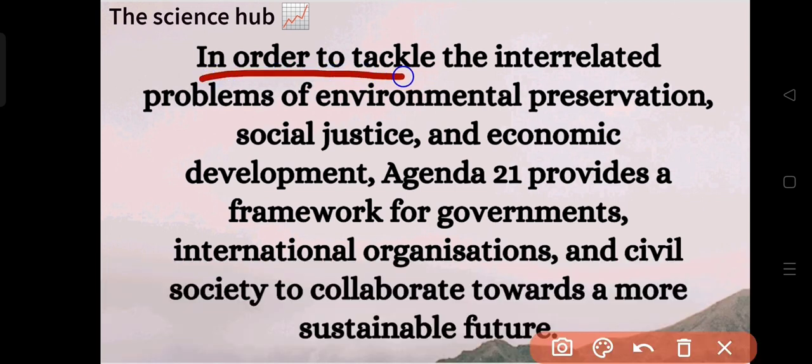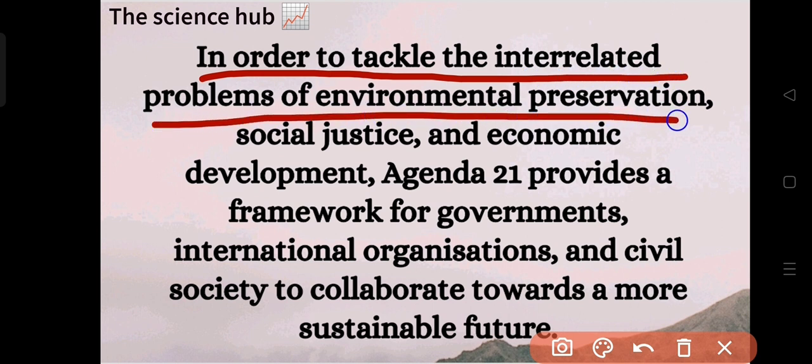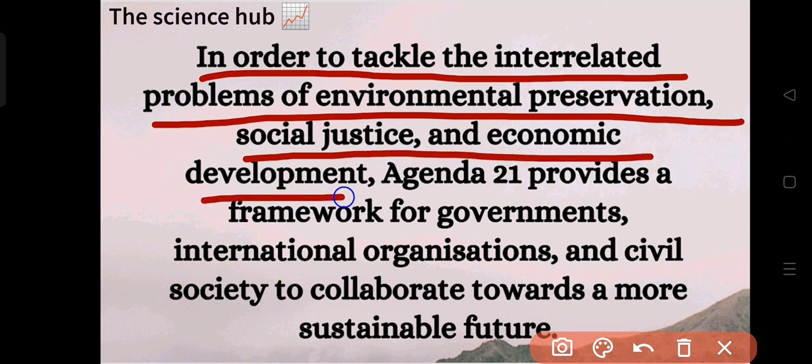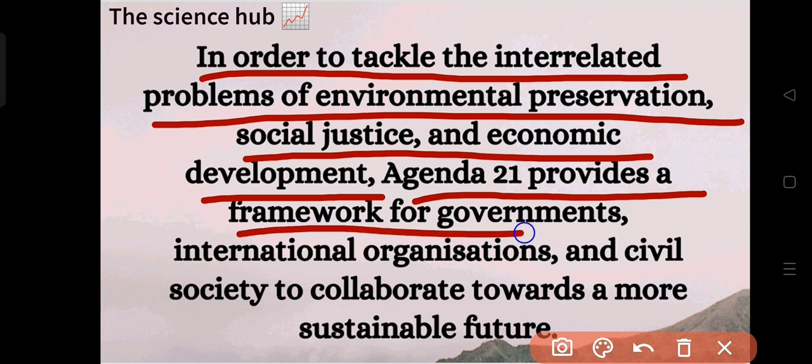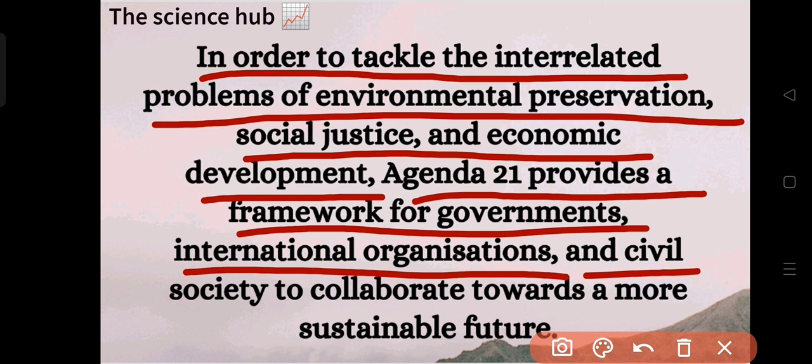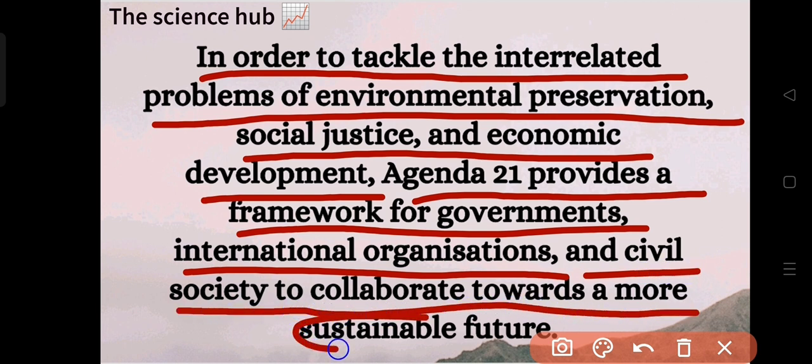In order to tackle the interrelated problems of environmental preservation, social justice and economic development, Agenda 21 provides a framework for governments, international organizations and civil society to collaborate towards a more sustainable future.